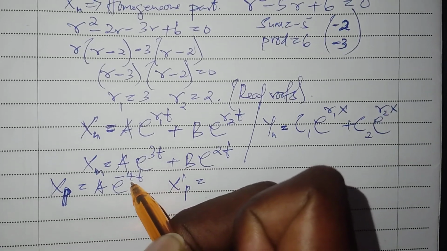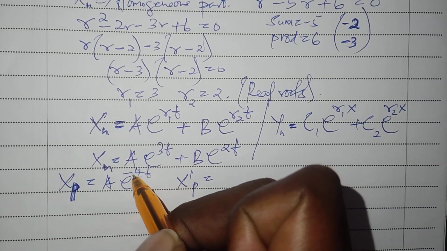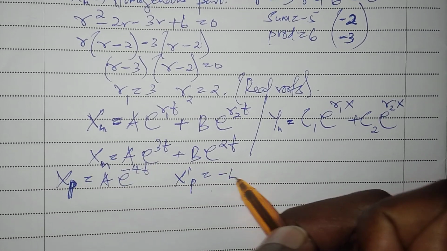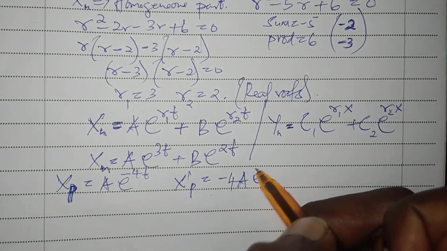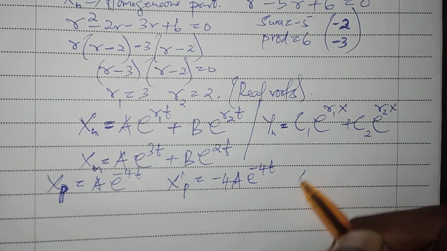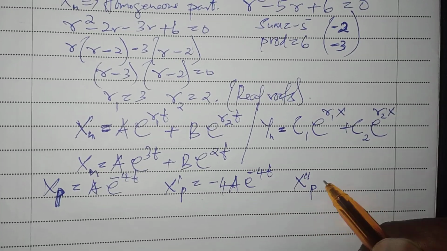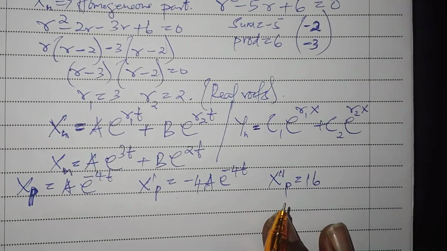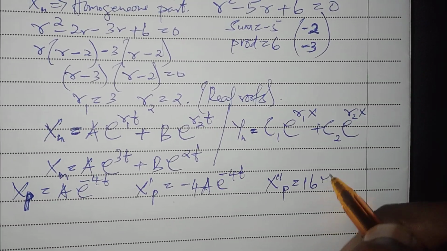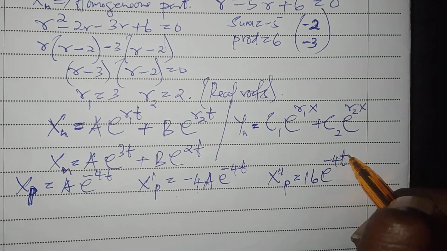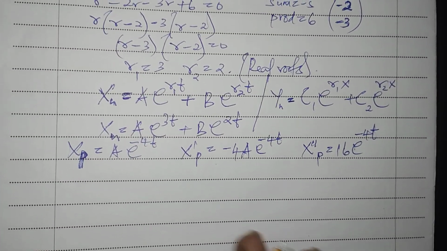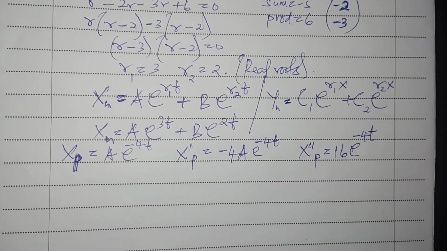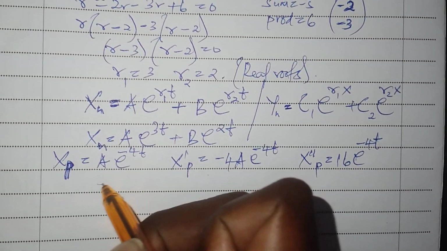If you differentiate an exponential function, this coefficient goes here, we have negative 4a e to the negative 4t. Then differentiate again for the second time, this times this, we have 16a e to the negative 4t.